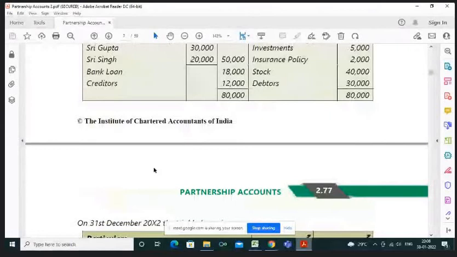The balance is not given as a balance sheet. This is the trial balance.